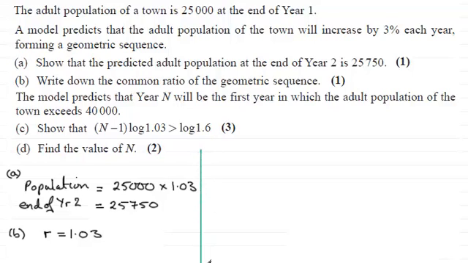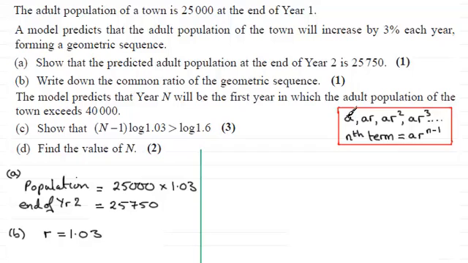So what we're doing here is working out the nth term of the sequence. You should be familiar with the fact that if you have a geometric sequence, the first term is A, second term is AR, third term AR squared, and so on, the nth term is always given by AR to the power n minus 1.